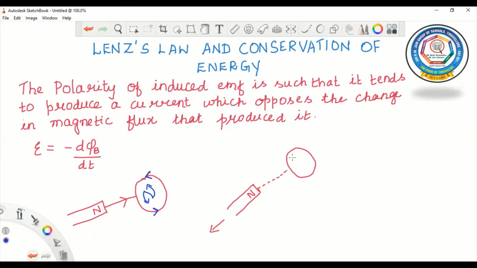If the north pole of the magnet is being withdrawn from the coil, the magnetic flux through the coil will decrease. To counter this decrease in magnetic flux, the induced current in the coil flows in a clockwise direction. So, what is the direction of the induced current? The induced current will flow in a clockwise direction.